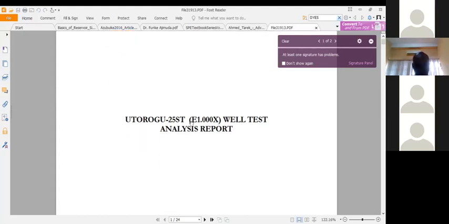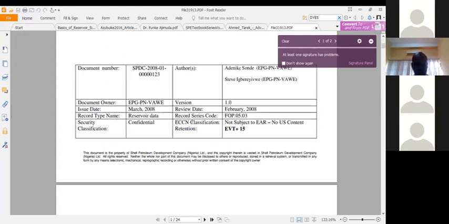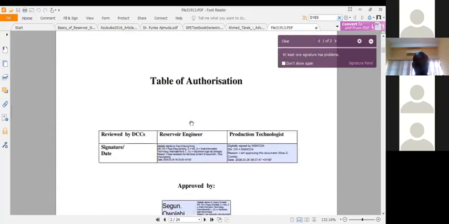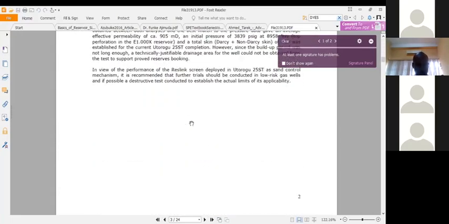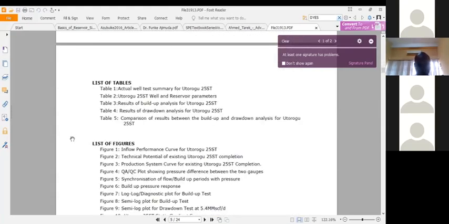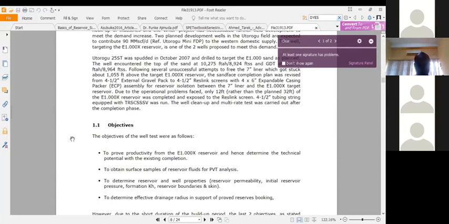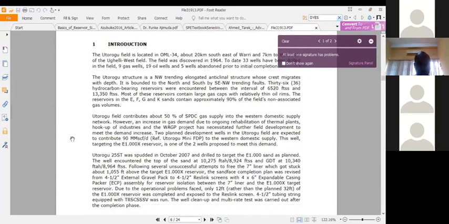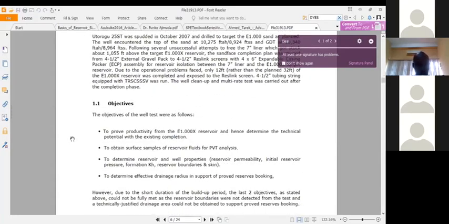So this is a well test analysis report. Let's forget about document numbers, authorization, and all that. So I will run through. This gives the background of the field. Now look at the test objectives. The test objectives were to prove productivity from the reservoir and determine technical potential, to obtain surface samples of the reservoir fluids for PVT analysis.